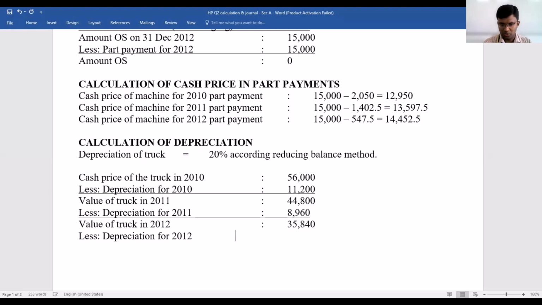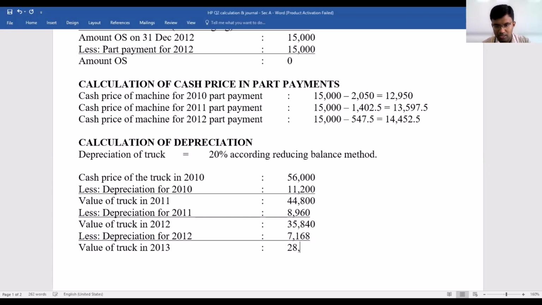Depreciation for 2012. Value of truck in 2013, and this will work out to be 35,840 minus 7,168.